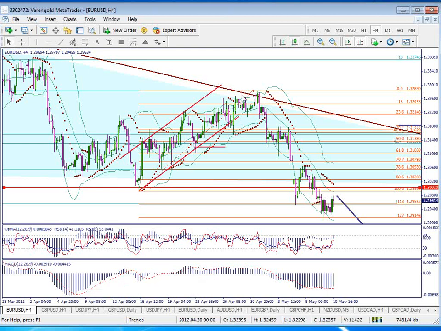MACD is one of them because we have a lot of strong moves, and MACD is one form of average made by the movement of the pairs, and when we have strong variation of the pair, when we have one confusing market, the MACD is not giving us one very good signal.